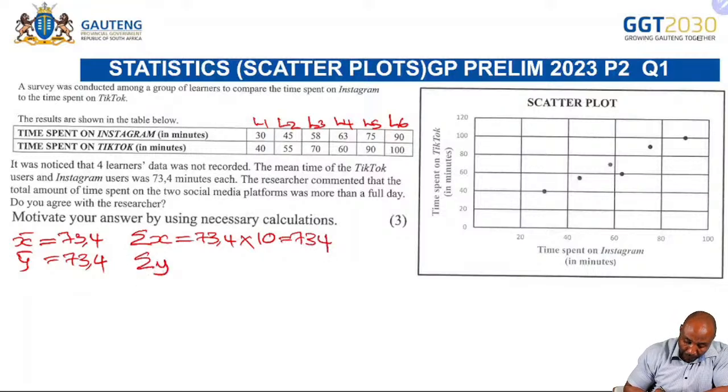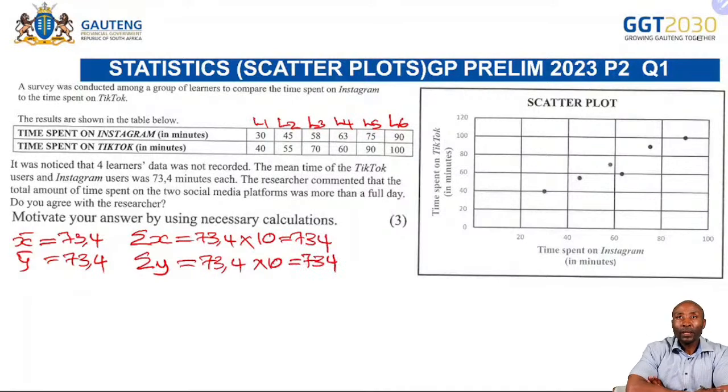For our TikTok as well, it will be 73.4, we multiply this by 10 and we get 734 minutes. Now, if we look at it, we have looked at 10 learner times for Instagram and 10 learner times for TikTok. You add the total spent there, it will be 734 plus 734. That will give us 1,468 minutes.